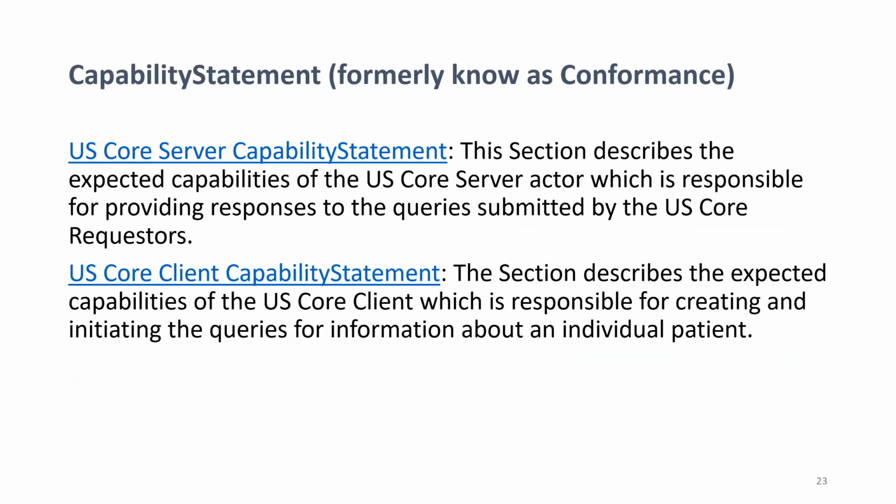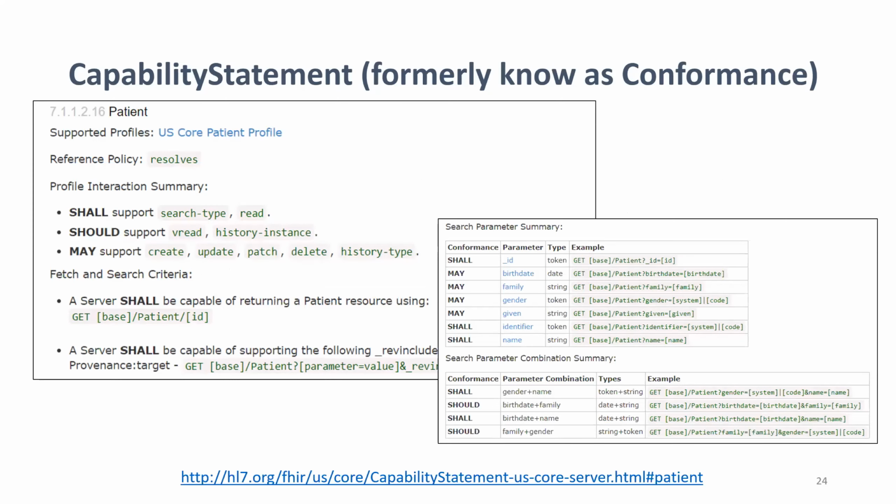That's enough. So I mentioned the capability statements before. There are 2 in this guide, one for the server and one for the client. And again, these are expectations versus the actual instances. So if you are a server or a client, you can list your capability statements and define what you actually support. In this case, we're defining all those profiles and all the interactions that are required for those profiles.